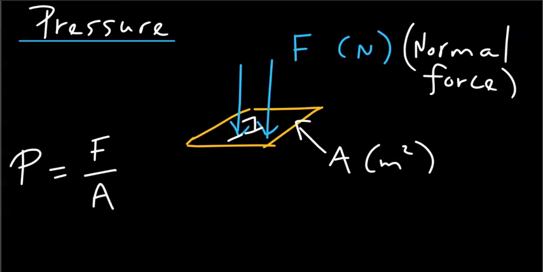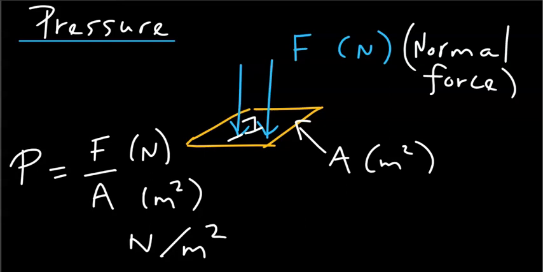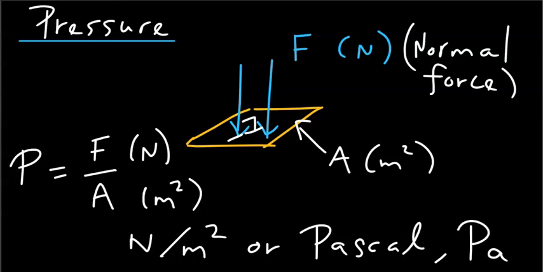Now note, since force is measured in units of newtons and area is measured in units of meters squared, the SI unit for pressure is Newton per meter squared, or you can also express it in units of Pascal, abbreviated Pa.